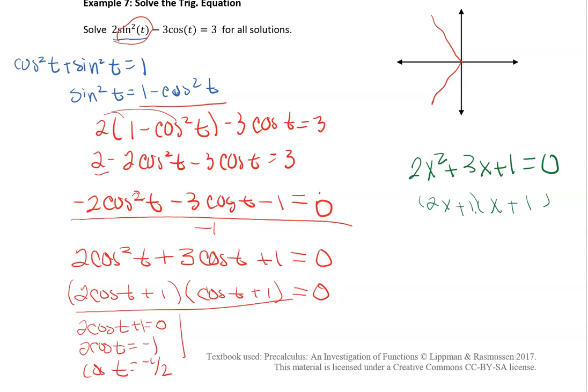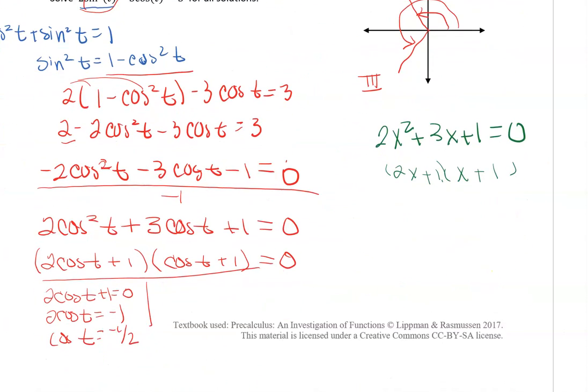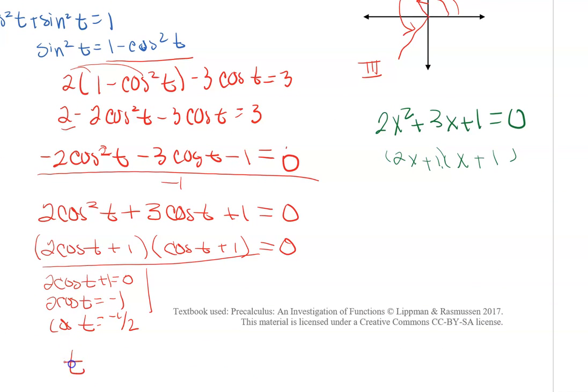Based off cosine being your x value of your ordered pair, it being negative, I'm in quadrant 2 and quadrant 3. And so I want this angle here and I want this angle here. So that gives me t is equal to, those two angles are 2 pi over 3 and 4 pi over 3. That's on my unit circle.